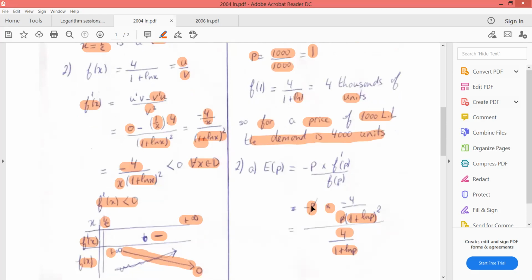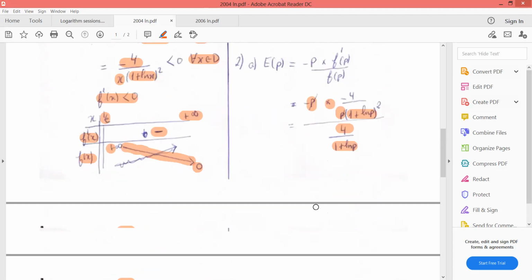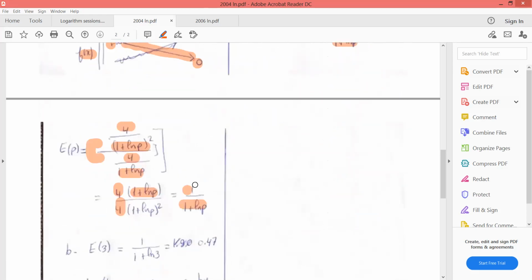Minus P remains minus P. In F prime P, we replace X by P in the derivative, over 4 into 1 plus ln P. After simplification, we get 1 over 1 plus ln P.